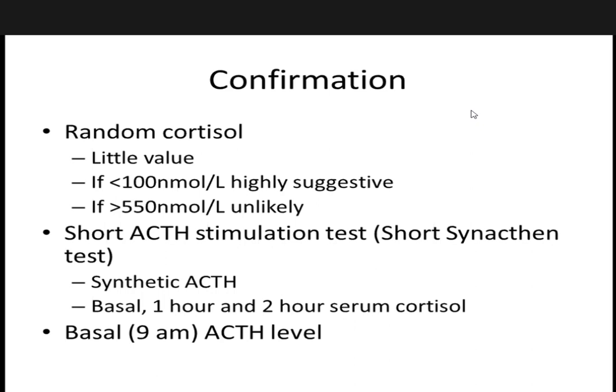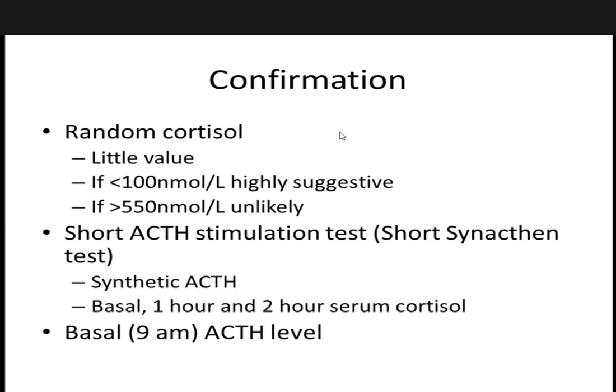So in that instance, if the random cortisol level is more than 550, the diagnosis is very unlikely, right?